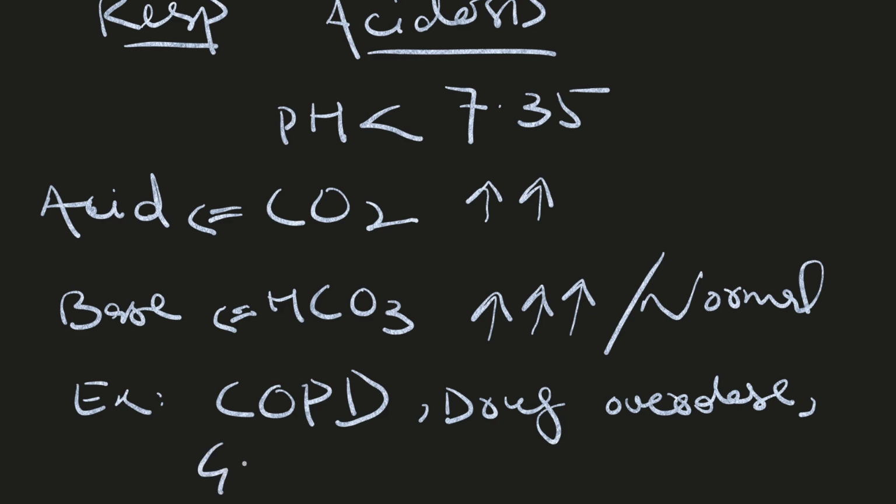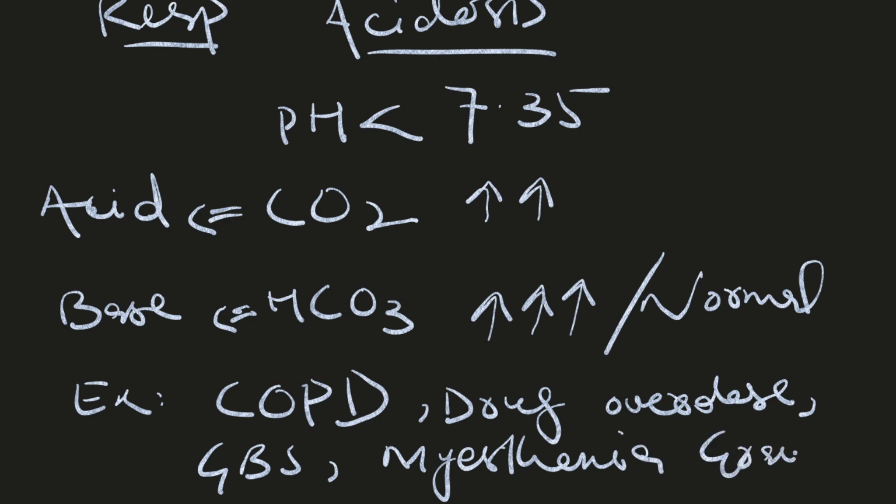Then there is Guillain-Barré syndrome and myasthenia gravis. Basically, you are not able to breathe in these conditions like GBS and myasthenia gravis, and you start accumulating carbon dioxide in your blood due to your lesser respiratory drive.